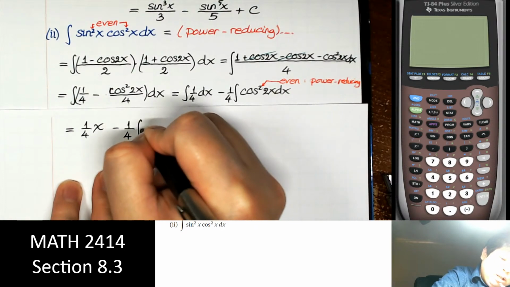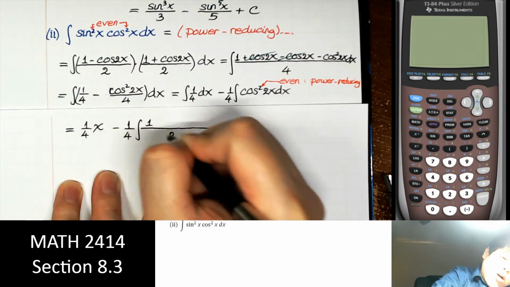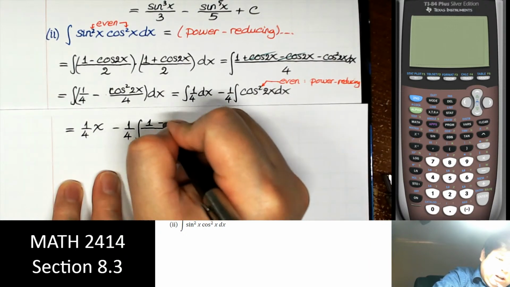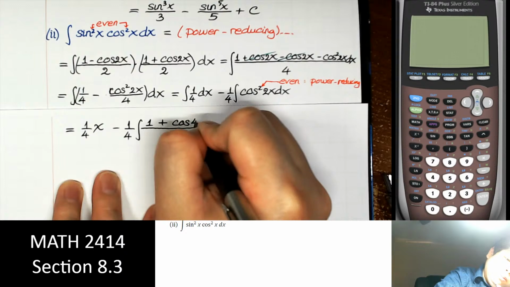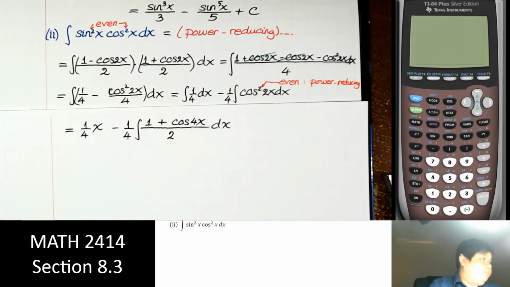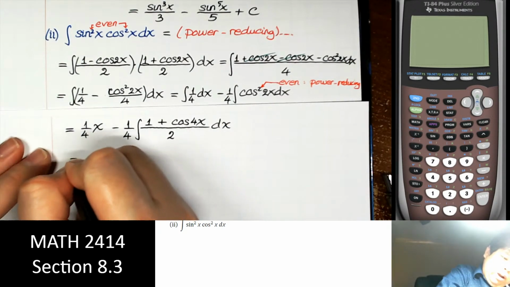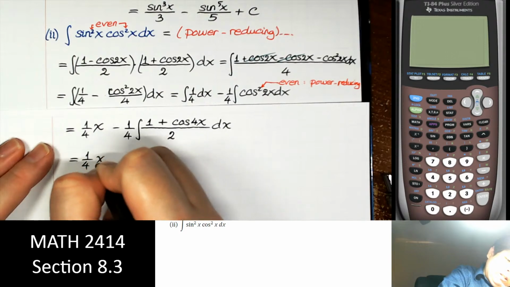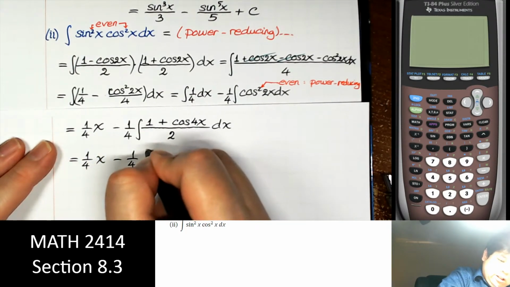So power reducing means that we reduce the power from 2 to 1, and the angle will be doubled. So we have 1/4 x minus 1/4 integral.